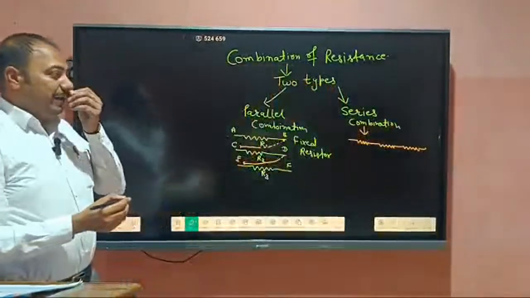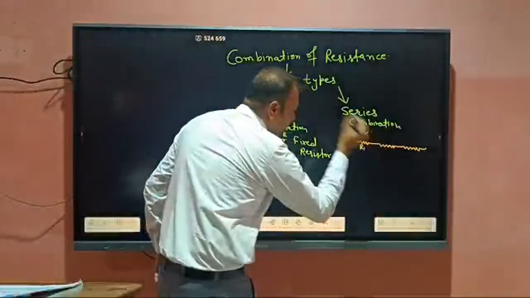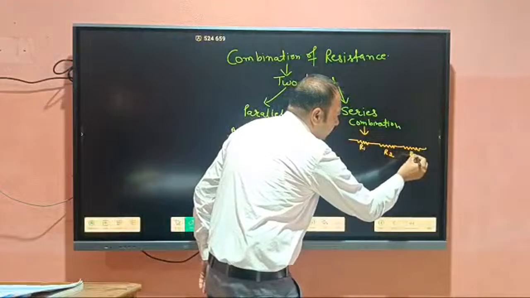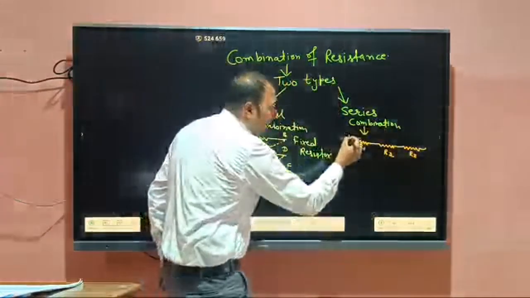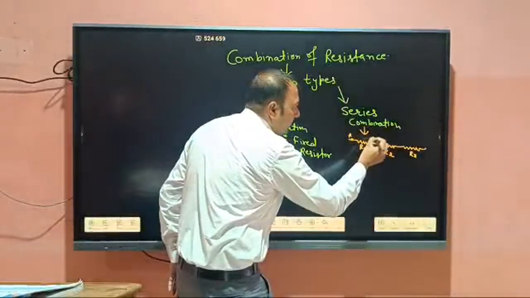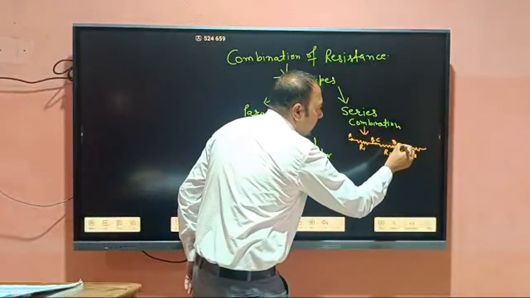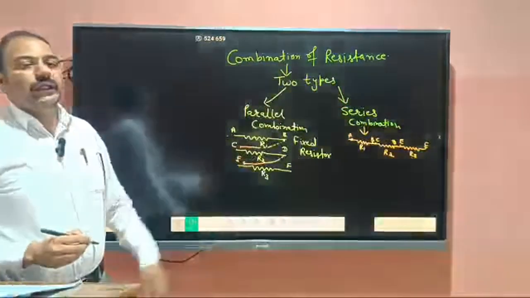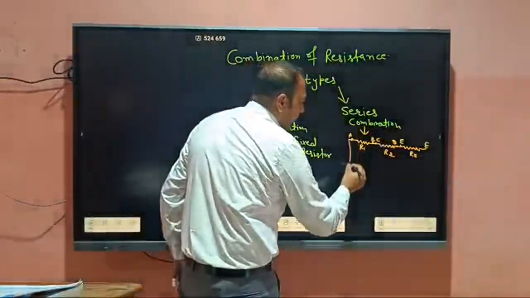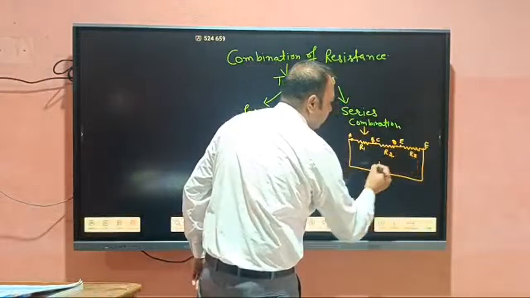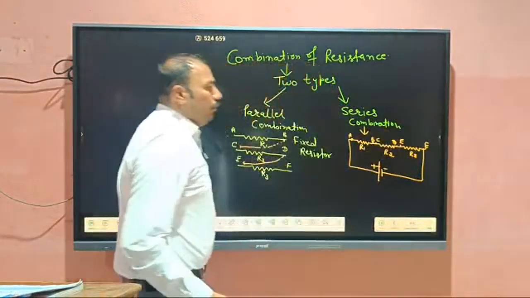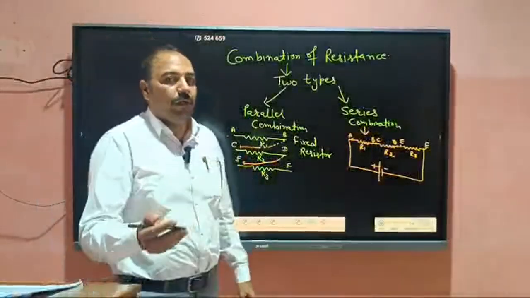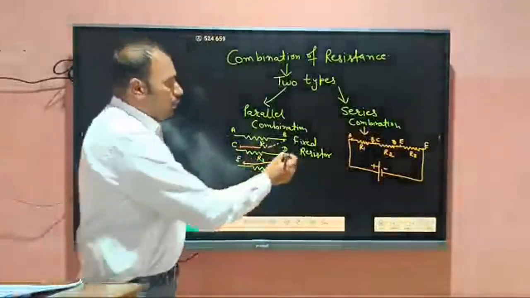This resistor is R1, this is R2, this is R3, with ends AB, CD and EF. So this combination is known as series combination. Here we connect a voltage source, and we also connect an ammeter and voltmeter. The ammeter and voltmeter are connected in the next slide. So this is series combination.